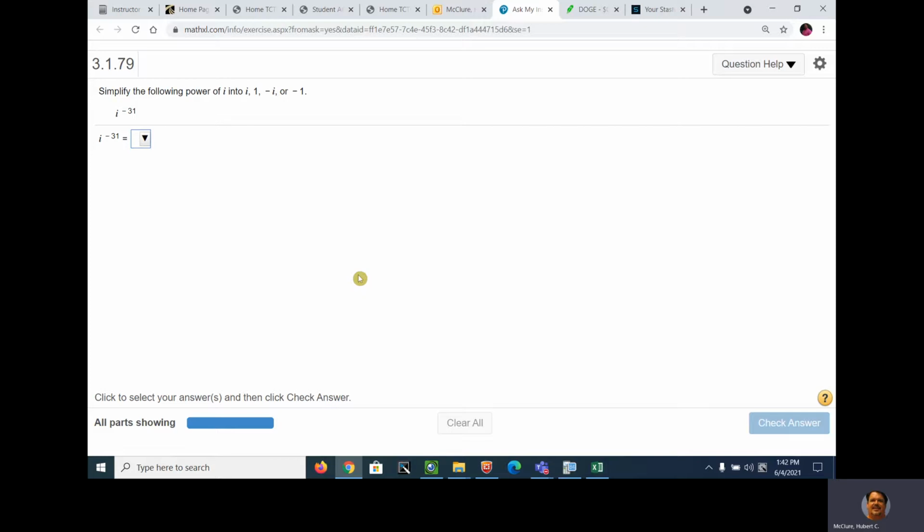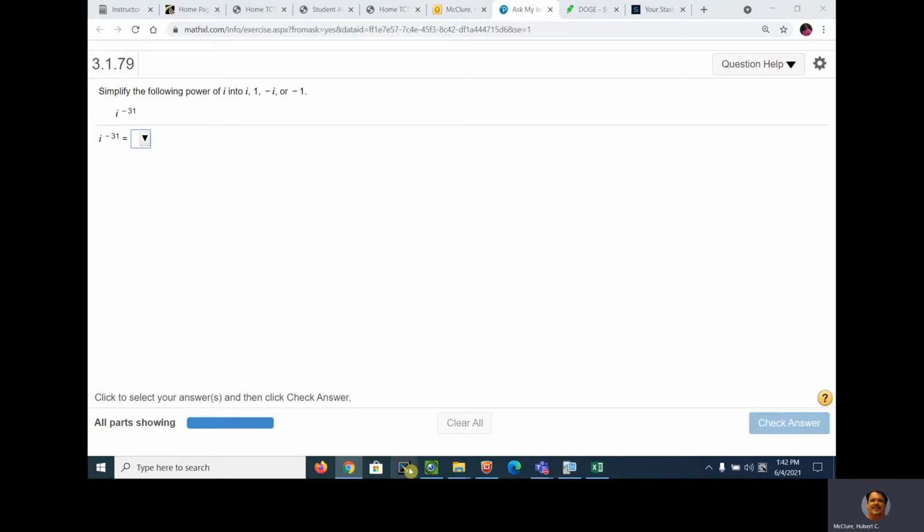If you have a fraction, that means you are dealing with an i. And if you have a whole number, that means you're dealing with 1. Okay? So I tell my students to take your exponent and divide by 2. That's what I tell my students to do.